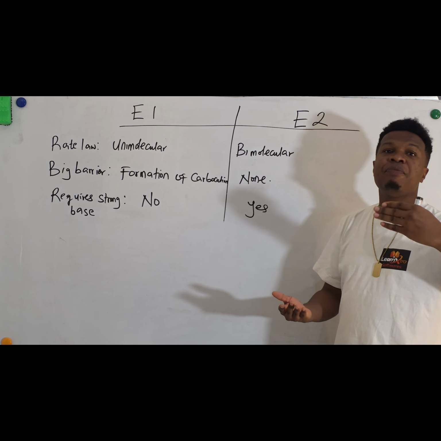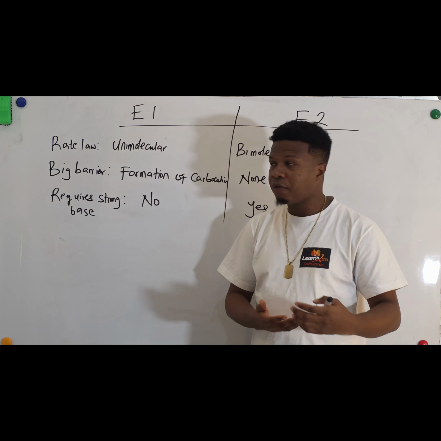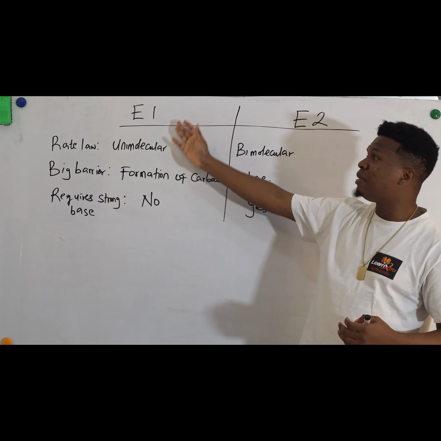Okay, in terms of stepwise, and in terms of the reaction kinetics, we can also say that the E1 mechanism is stepwise, right? Because it involves carbocation formation, then the next thing involves deprotonation. But for the E2 mechanism, it's concise.